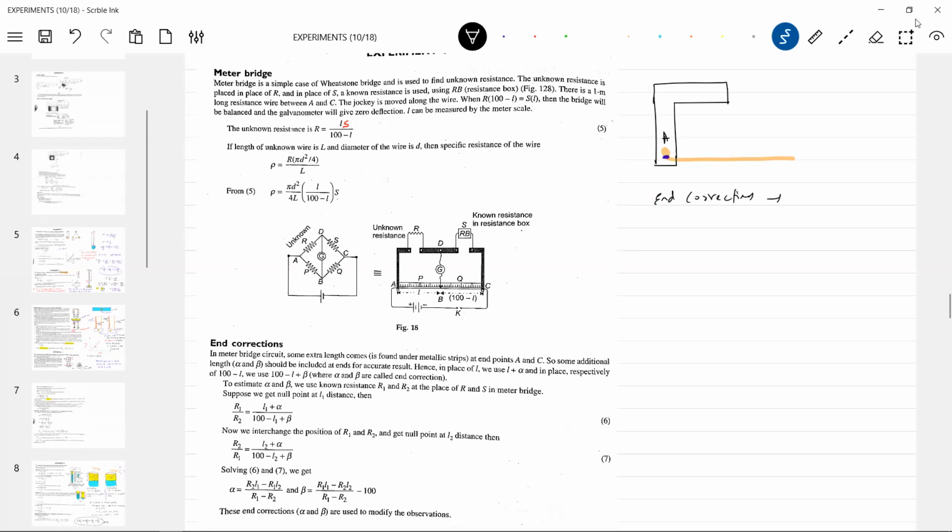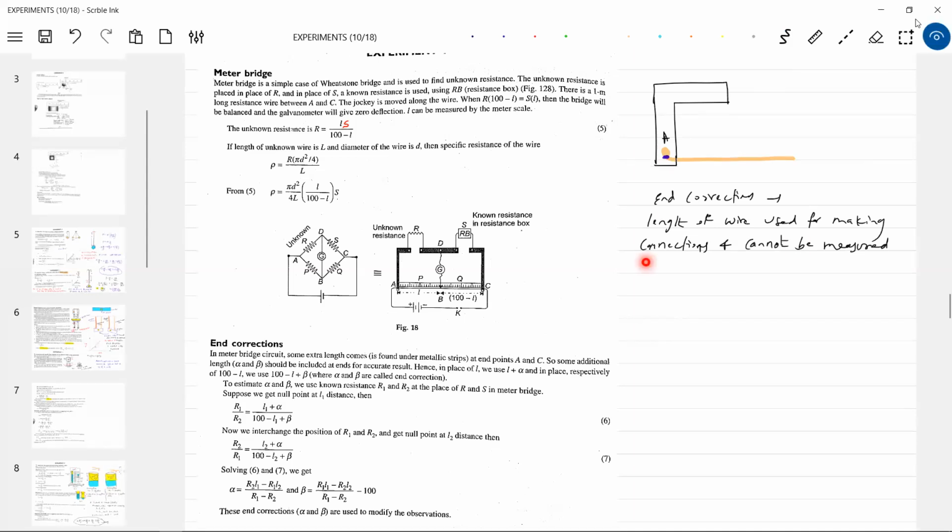Length of the wire used for making connections and cannot be measured.